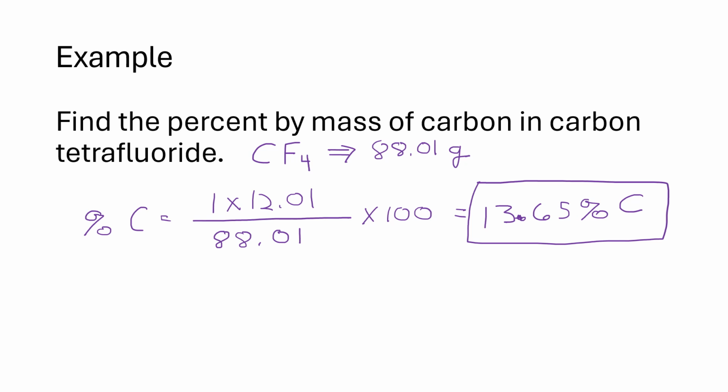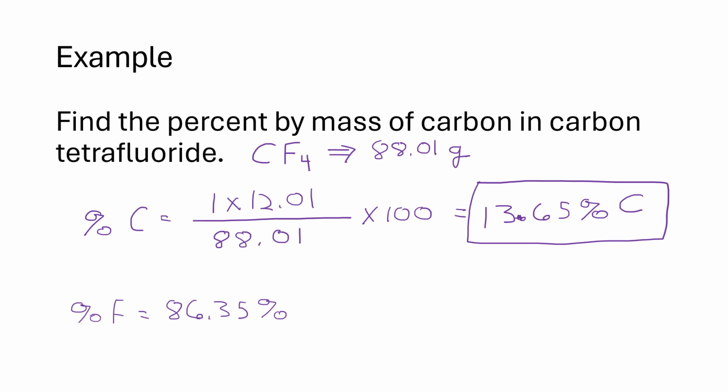So the way that I was checking this is when we calculated the percent of fluorine in the previous problem, we found that the percent of fluorine was 86.35. So I could have arrived at our answer for the percent carbon by a little bit simpler path. Since there are only 2 elements in this compound, their percents have to add to 100.